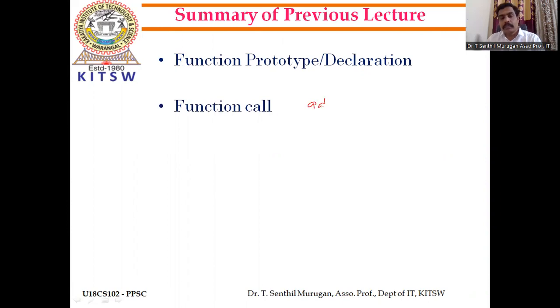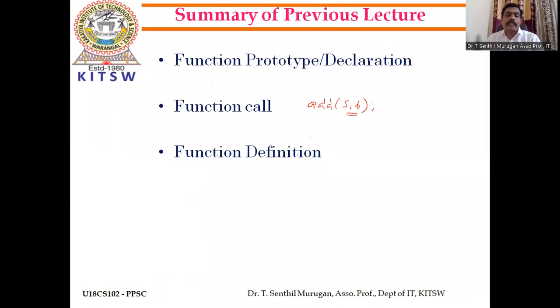For example, add(5, 6), where we are calling the function with two integer values. And function definitions: we write it like the function declaration, without the semicolon, and define how the function will perform. The example was x plus y, where we performed an addition operation in that video lecture.